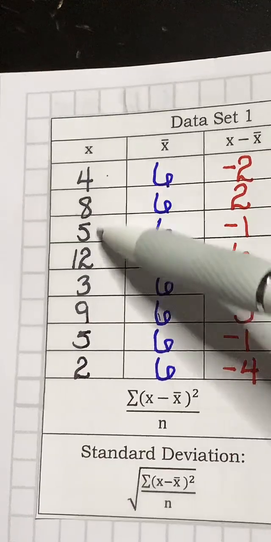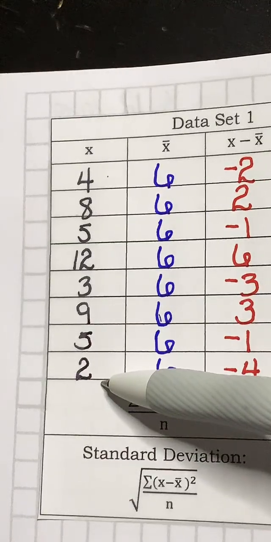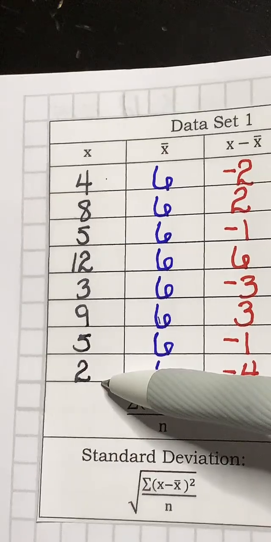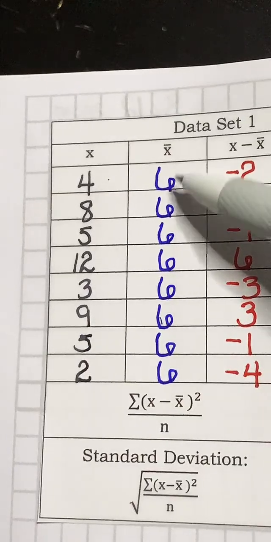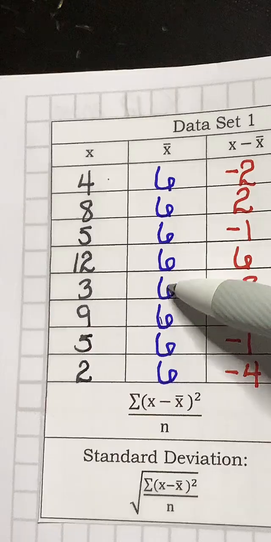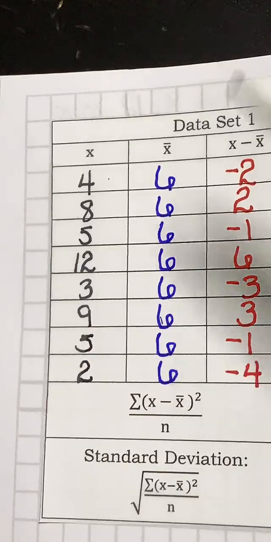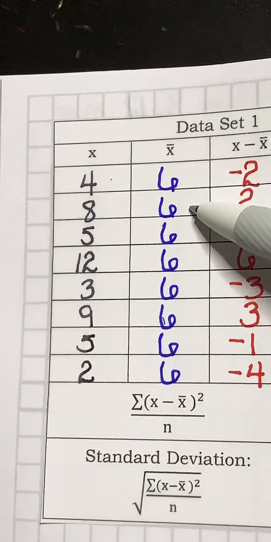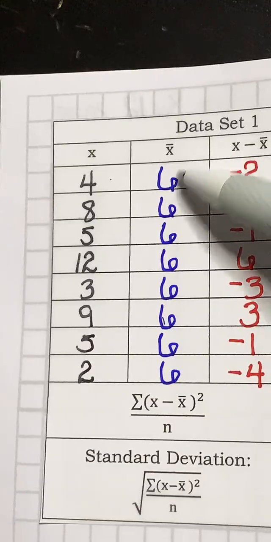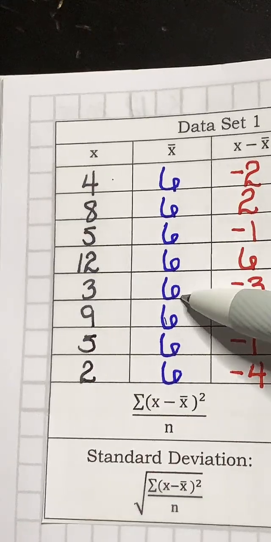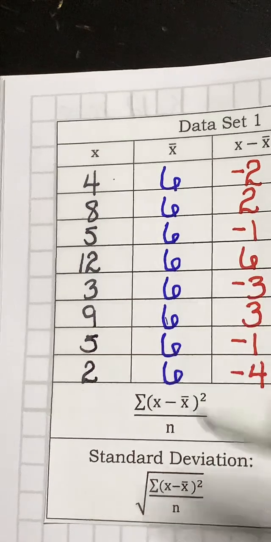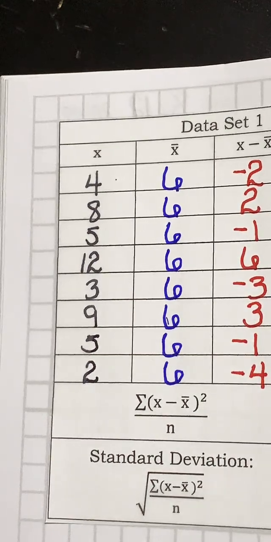When we add all these up, I got a 48, and 48 divided by 8 gives me the 6. That's where the 6's came from. So I'm just writing down the mean for the whole data set, and it's going to be represented for each of the numbers so I can do the subtraction. Not a problem.